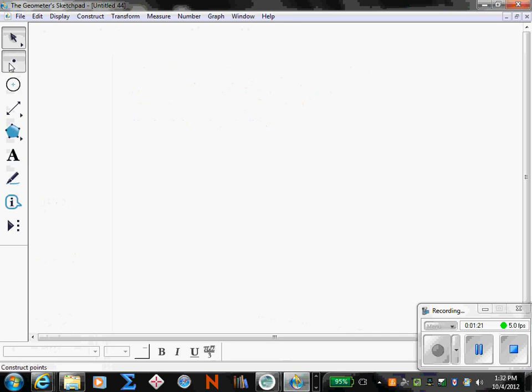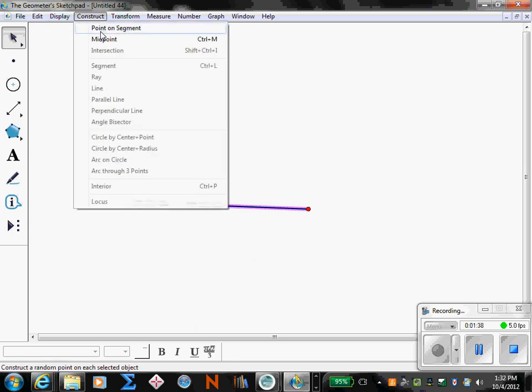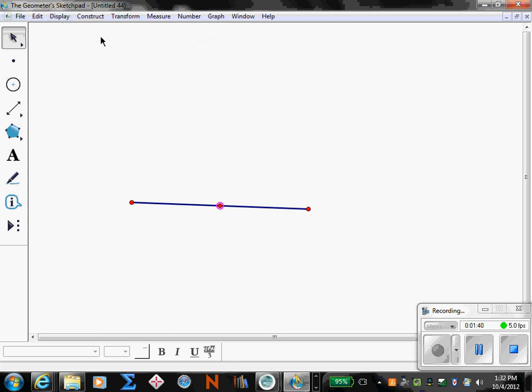So I'm going to construct a line segment. Okay, and I want to bisect the segment. So in order to bisect, I need to find the midpoint. So I'm going to highlight the segment and then construct the midpoint. Now I need to make another line, segment, or ray that goes through the midpoint.